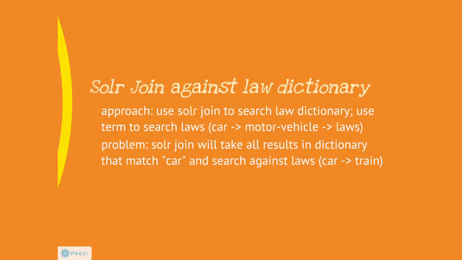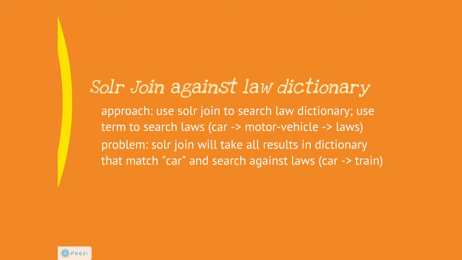Another idea that I was talking to Joel about yesterday is trying to use Solr join to detect legal terms. Solr has a new feature in 4.0 called Solr join, and it's basically an inner join. What I was hoping to do was take this term, search a law dictionary for maybe the top 5 most relevant results. So motor vehicle might come back, because that's in the legal dictionary.